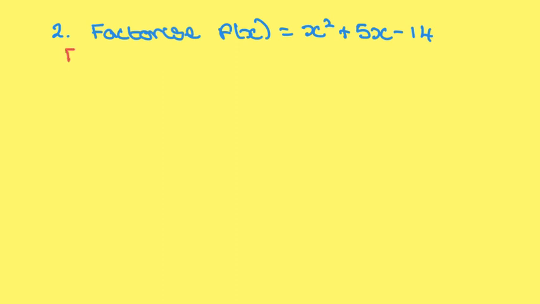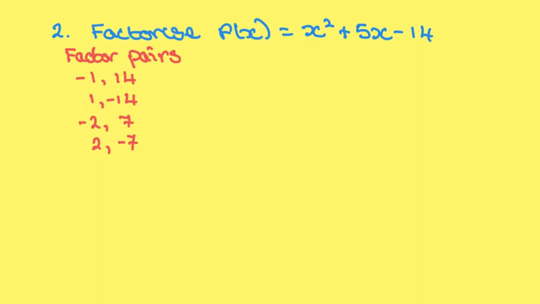So our factor pairs, because it is negative, they must both be different. So we could have minus 1 and 14. We could have 1 and minus 14. We could have minus 2 and 7. Or we could have 2 and minus 7.